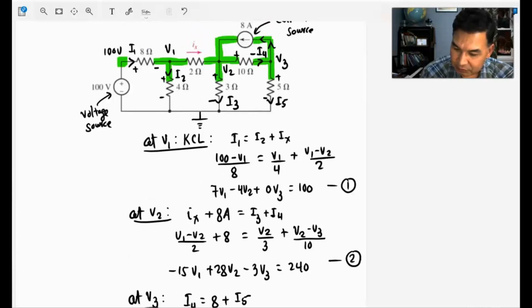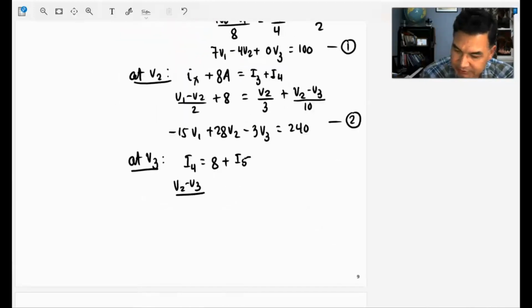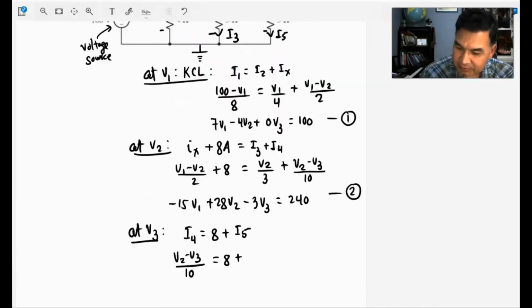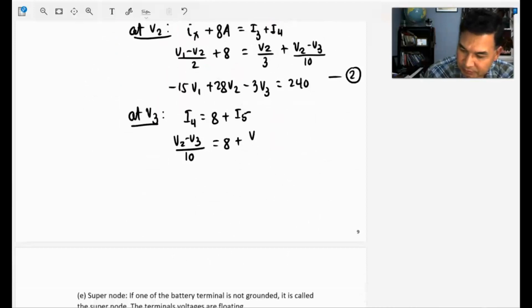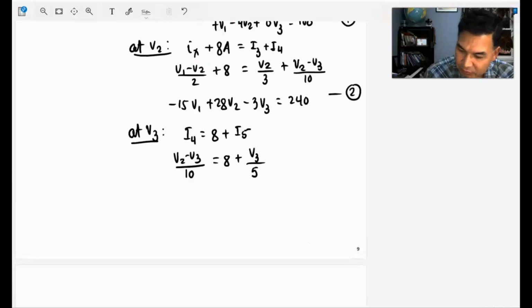So what is I4? I4 is V2 minus V3, divided by the resistance of 10, equals 8 amps plus I5. And I5 is V3 minus 0, so V3 divided by 5 ohms.